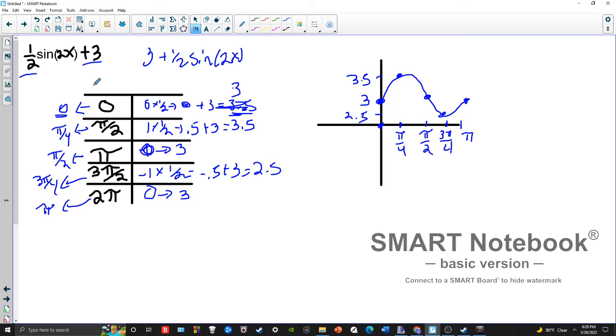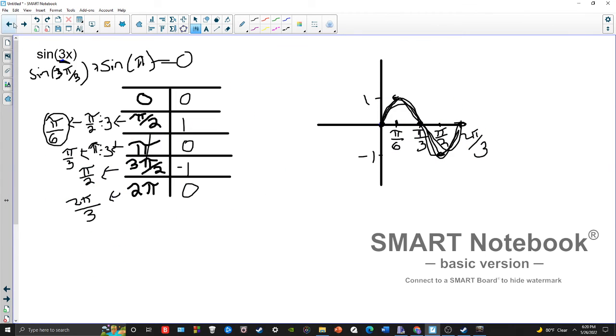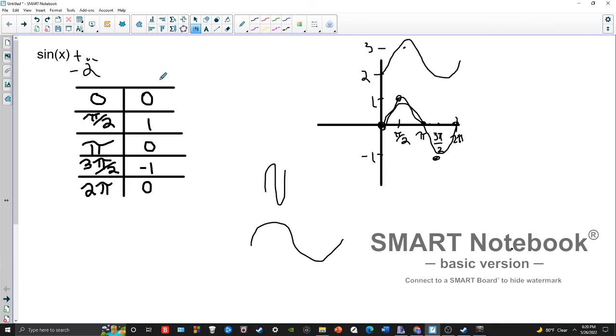So again, the way you tackle graphs is you have to know the base graph first. This is something you just have to have memorized. It's part of the unit circle. If you get a unit circle, great. If not, you just have to memorize it. Once you have this memorized in your head, then whatever happens to the theta, you do the opposite on your x's. Whatever happens outside the trig function, you do exactly to your y's.